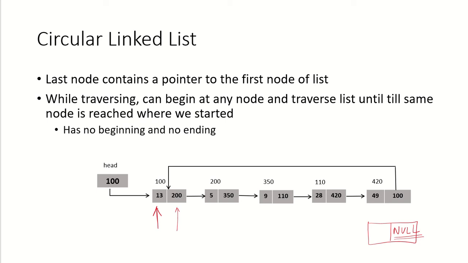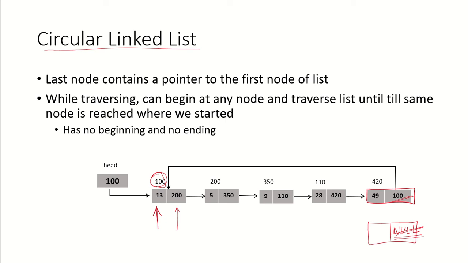However, if instead of not pointing anywhere, it starts pointing to the first node, we have what is called a circular linked list. That means this last node over here is pointing to, or containing, the address of the first node.